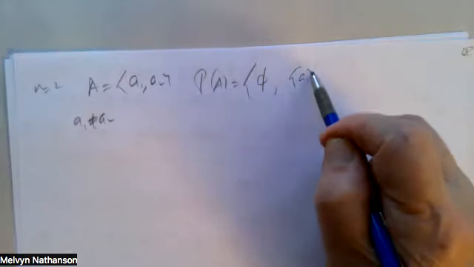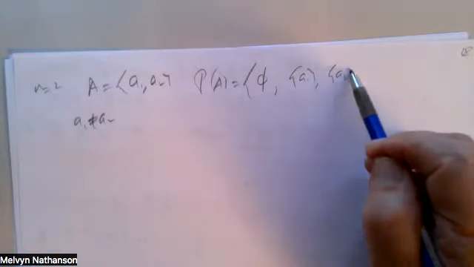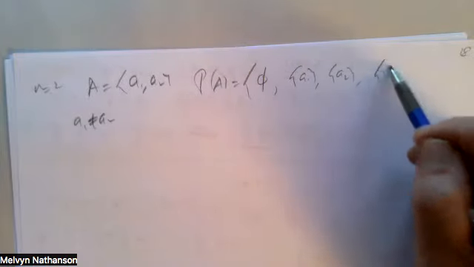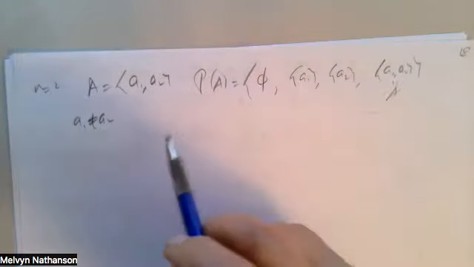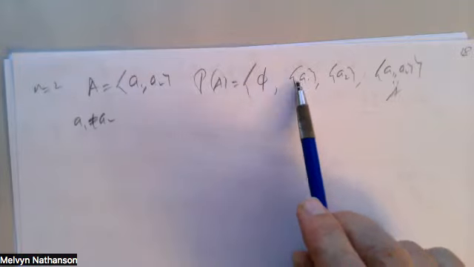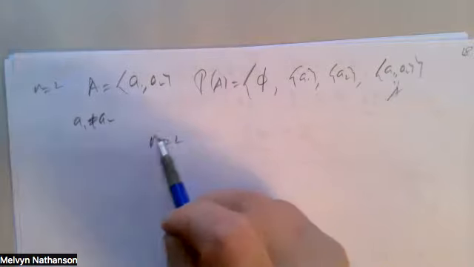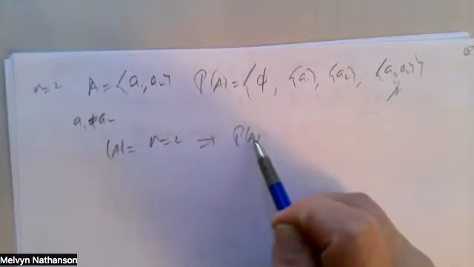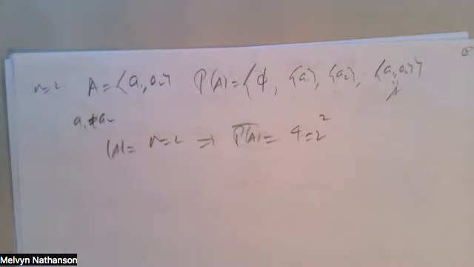There are 2 different one-element sets: the set that contains only A1, the set that contains only A2, and then there's the 1 two-element set that contains both of them, which is just the set A. And how many sets are in the power set? 1, 2, 3, 4. So if the cardinality of A is n equals 2, then the power set of A has 4 elements, which is 2 squared.